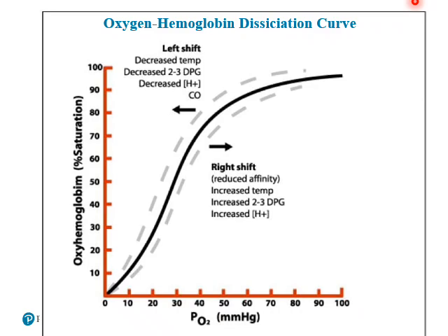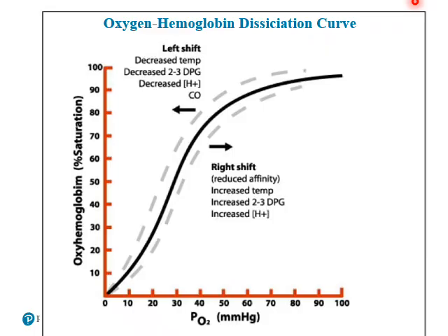This is a graphical representation that illustrates the relationship between the partial pressure of oxygen and the percentage of hemoglobin saturated with oxygen. In essence, it shows how readily hemoglobin in the blood cells would bind to and release oxygen depending on the surrounding oxygen's availability.